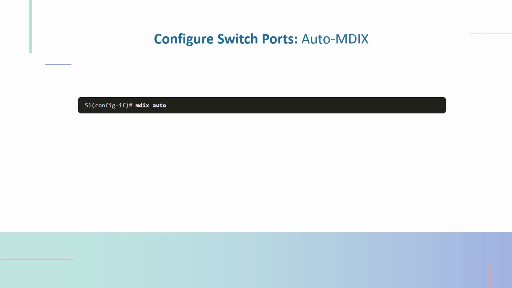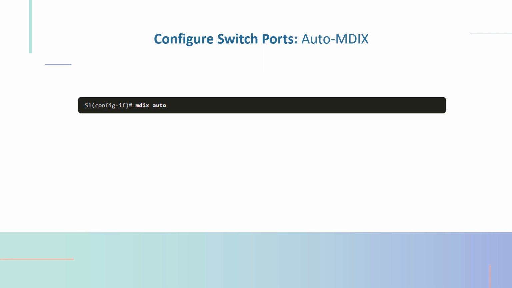So we go to an interface that will be connected, and then enter mdix auto, which means that you are using this feature to automatically adjust the communication successfully.